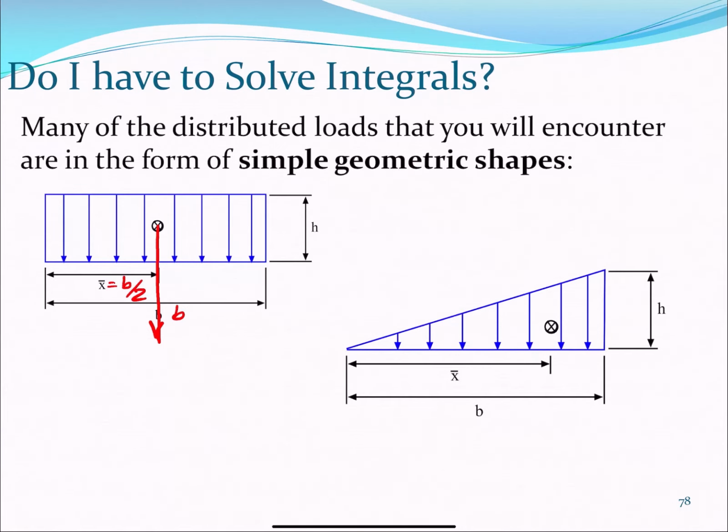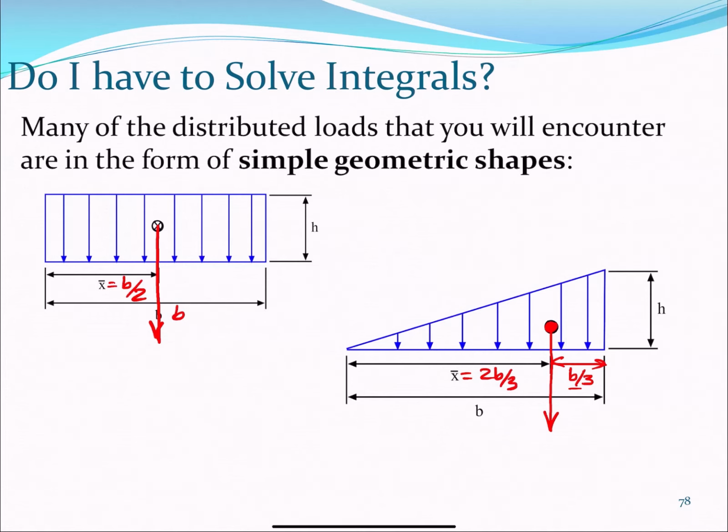What about a triangle? Do we remember what's the centroid of a triangle? If we call the whole base B, you may remember that this distance is B over 3, and this one is equal to 2B over 3. 2/3 and then 1/3.